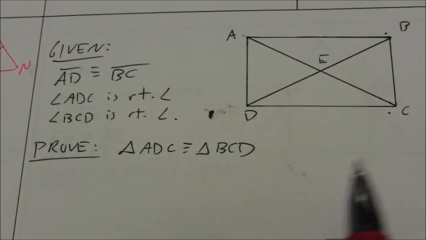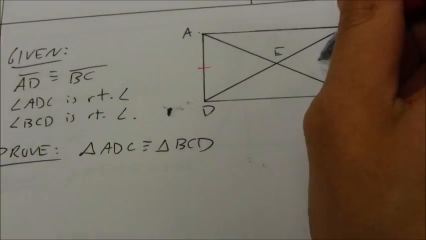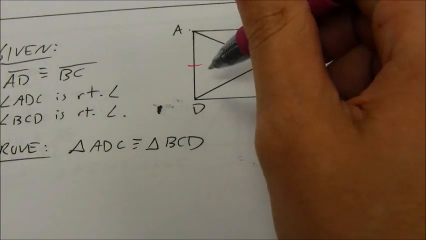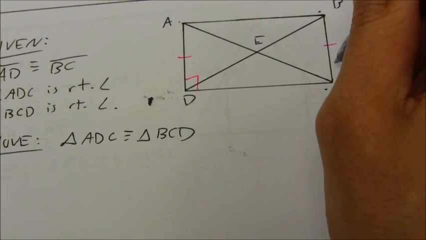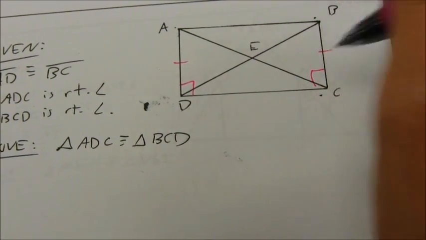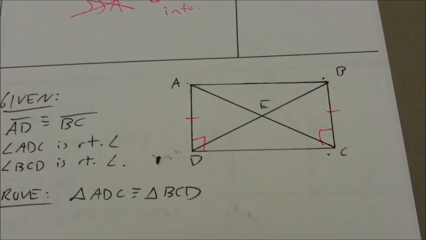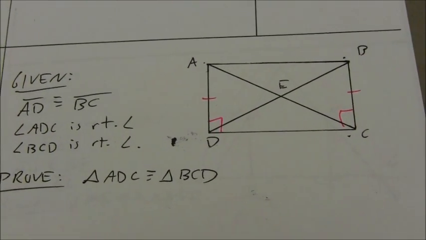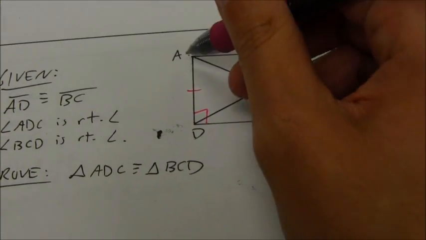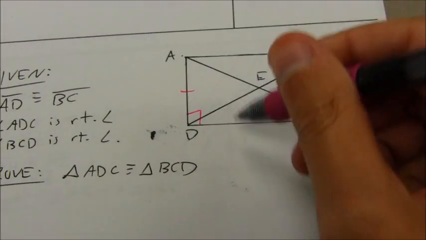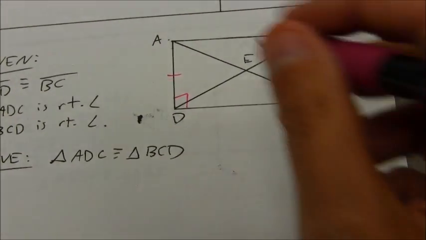Moving along to the final example, I'm told that AD is congruent to BC. I'm told that ADC is a right angle, that BCD is a right angle. And notice I'm trying to prove triangle ADC congruent to BCD. That's the overlapping right triangles at the base in the picture.